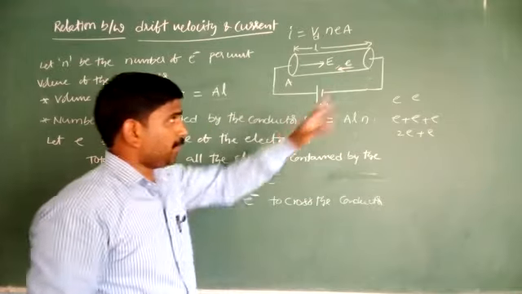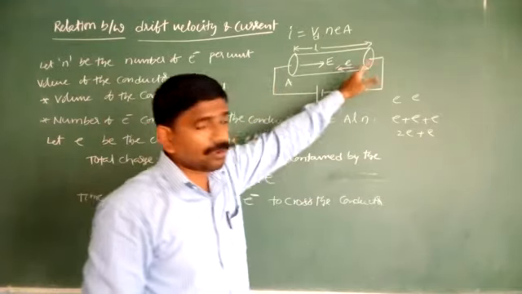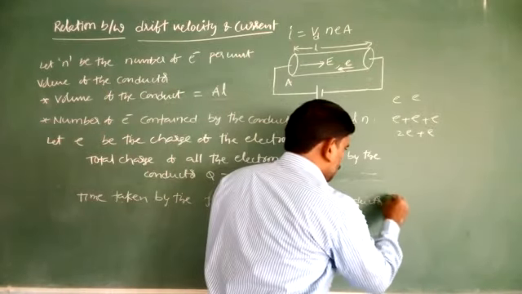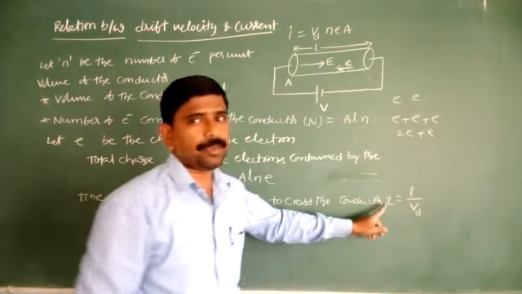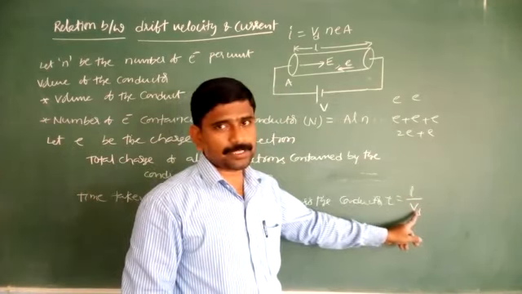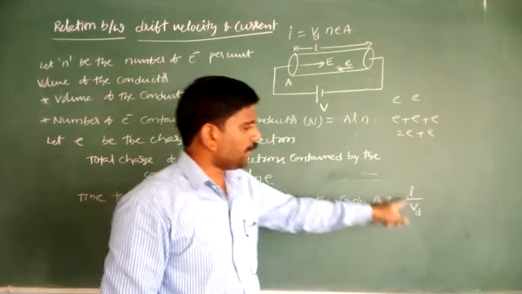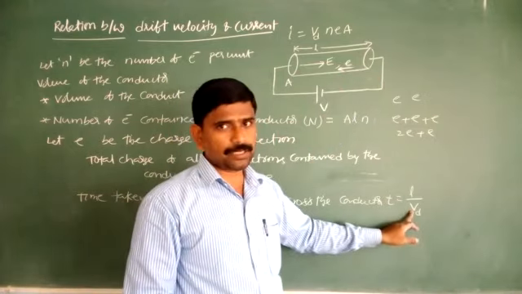The total length of the conductor is L, and these electrons are moving with speed Vd. Therefore, time taken T is equal to length by speed. Time is equal to distance by speed, that is nothing but L by Vd. All the electrons are moving with this speed Vd.